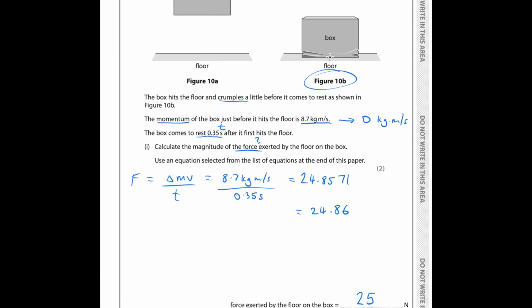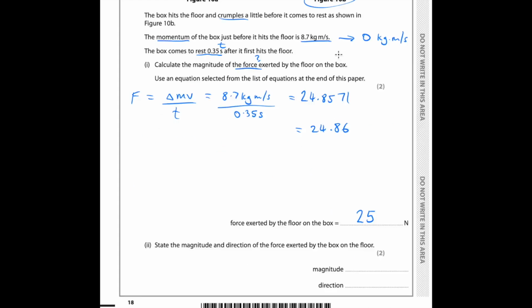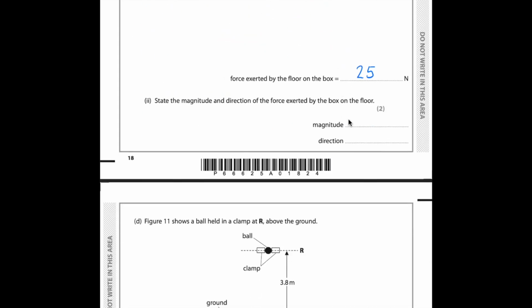Well, as the box hits the floor, the force is going to be downward, and the force will be 25 newtons. That's Newton's third law. The floor has exerted a force up, equal in size, 25 newtons, but opposite in direction.